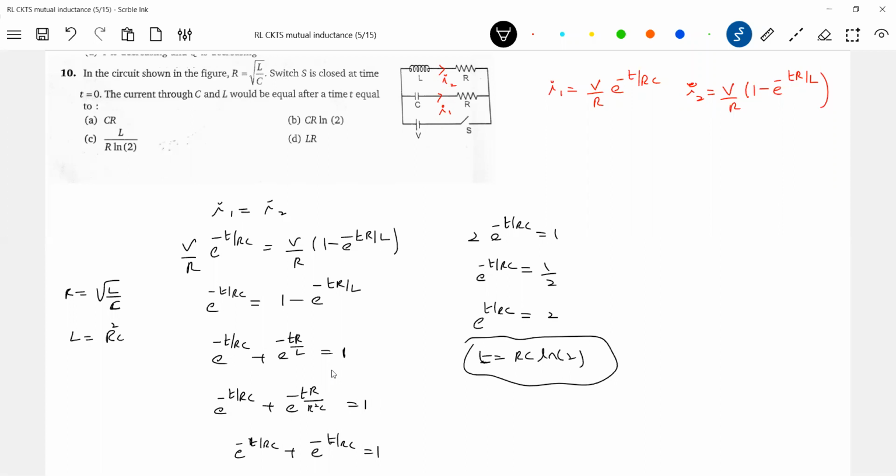You can also calculate the current through the battery at this particular time. So you know the value of t, substitute, you'll get this current also. Some books have asked this as well. What is I? I should be equal to I1 plus I2, or 2I1, and we know I1. So take the simplified equation, 2V by R. Substitute the value of t there, solve it, you'll get the expression for the current.